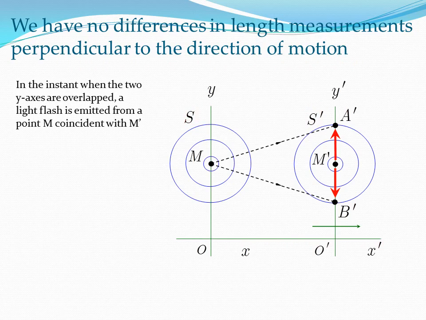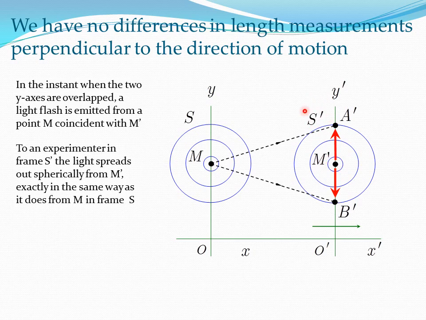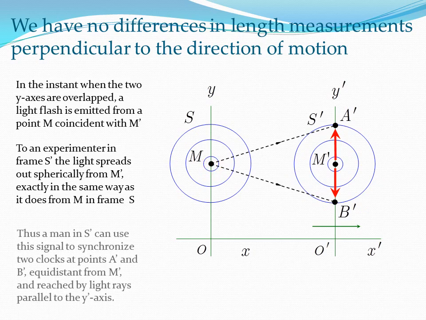In the instant when the two y-axes are overlapped, a signal is emitted from point M coincident with point M' in S'. Now, no matter how strange it may seem, to an experimenter in S', according to the postulates of relativity, light spreads out spherically from M' exactly in the same way as it does from M in frame S.